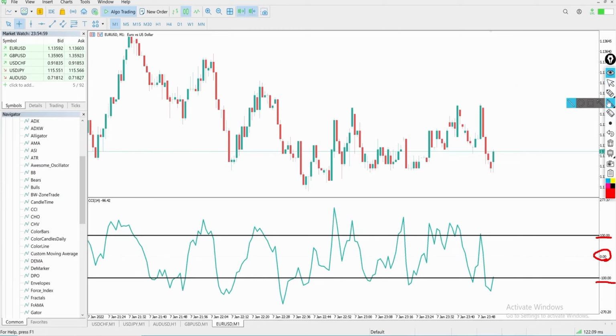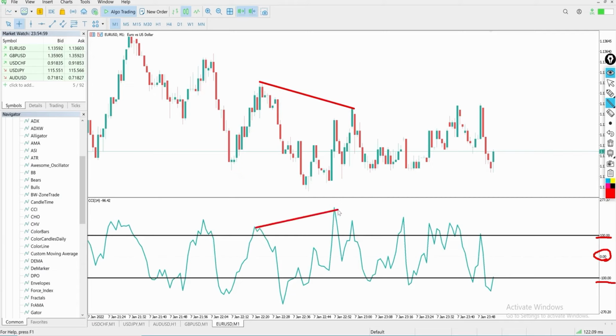Now, let's move on to the next application. Like the RSI or MACD, the CCI can easily help us identify divergences. With this oscillator, spotting divergences is quite straightforward. For example, if we consider this area, we can connect these two peaks on the candlestick chart, and we see that the price forms a lower high.